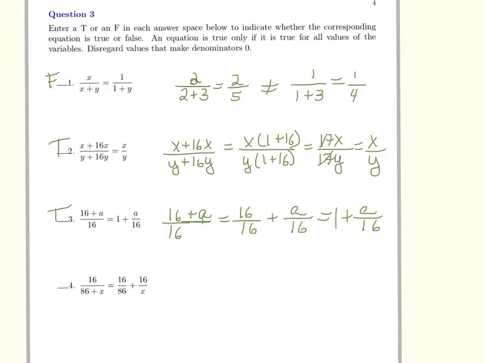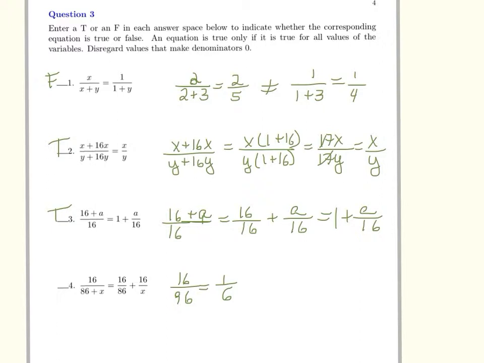And then the last one is not true. We cannot distribute the denominator. So, for example, if x is 10, the left-hand side would be 16 over 96, which is 1/6, I believe.